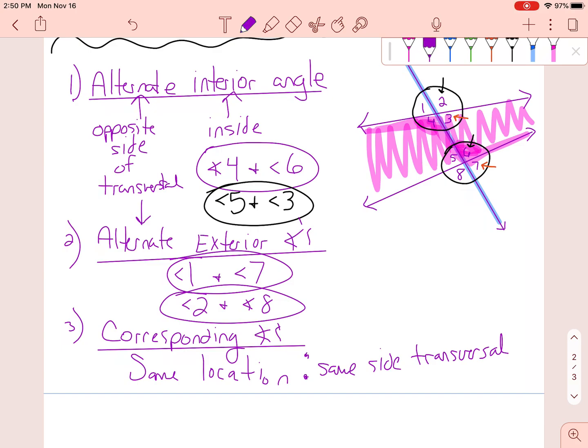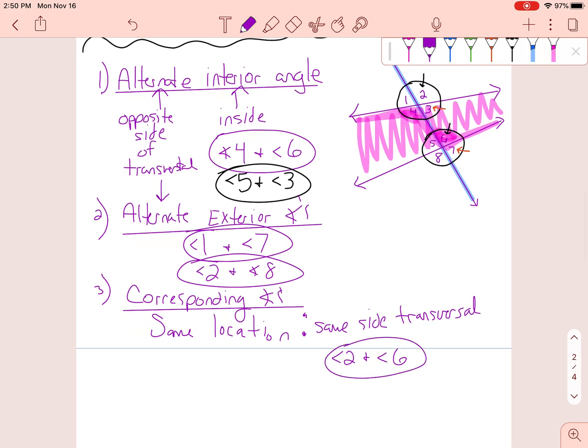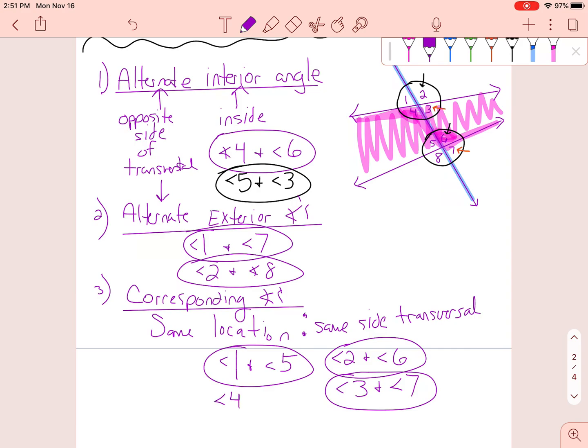My examples for these, again, are angle 2 and angle 6, angle 3 and angle 7, angle 1, which is on the top left, and angle 5, angle 4 on the bottom left, and angle 8. Those are all examples of corresponding angles. Okay, so we have alternate interior, alternate exterior, and corresponding angles.